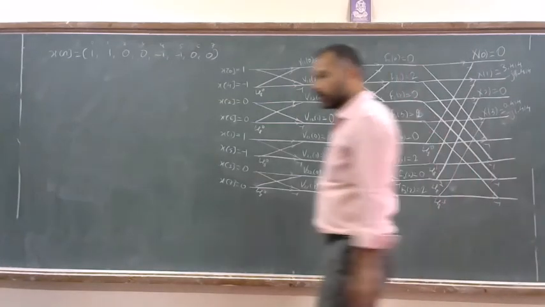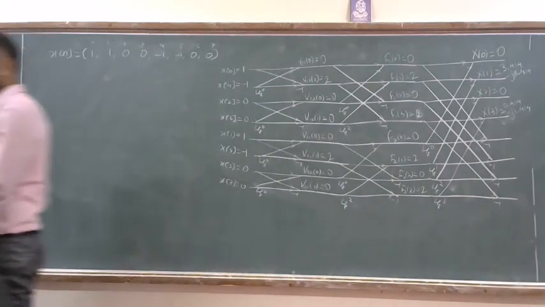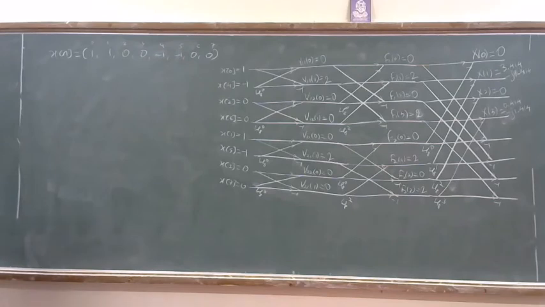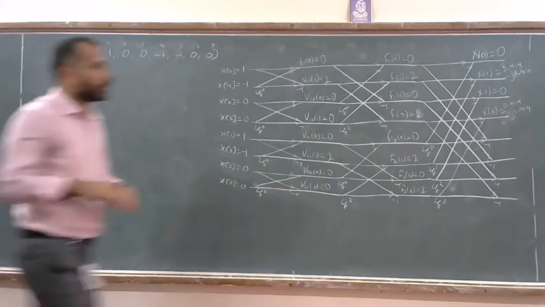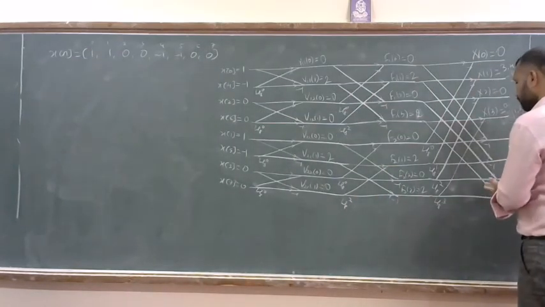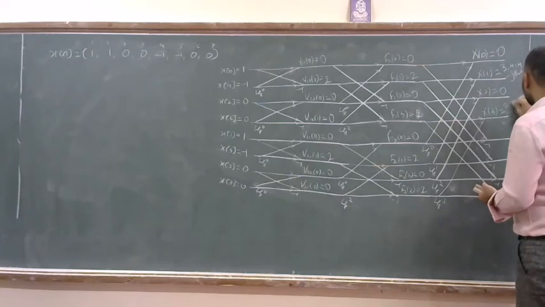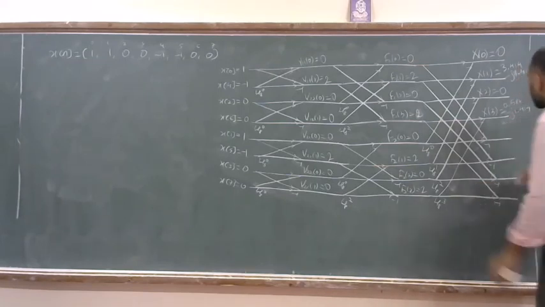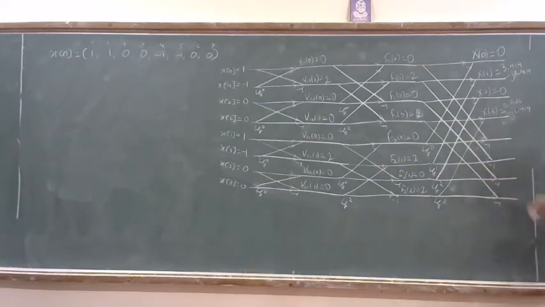That is the fourth DFT point. And the next value, x of 4, will be 0 minus 0, 0.